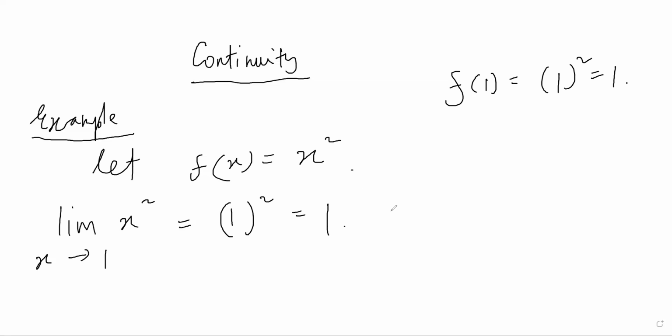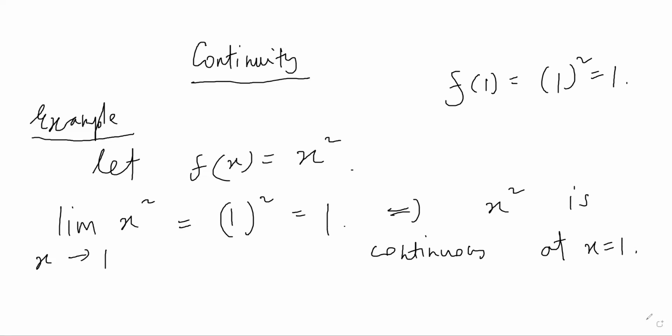This implies that x squared is continuous at x equals 1, because to get the limit, you can simply substitute the number that the x values are approaching into the function.